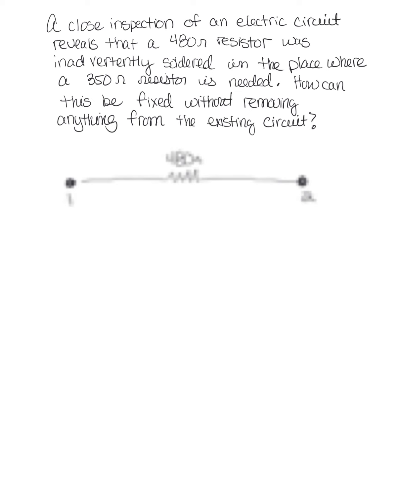Well, because of our knowledge of circuits and resistors now, we know that the resistance goes down in a circuit when you have resistors in parallel. So we know that we can add a resistor in parallel, and that will bring down our overall equivalent resistance throughout this circuit.